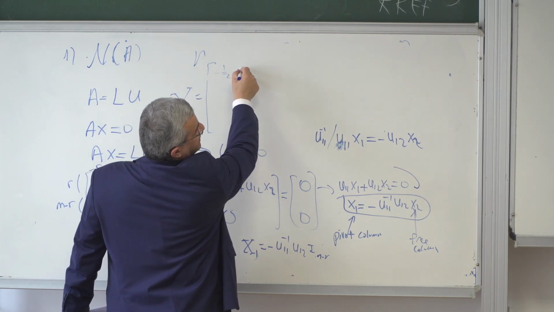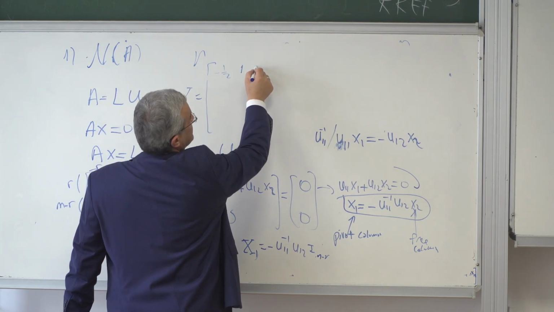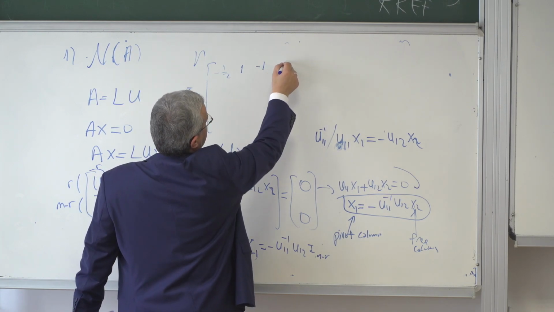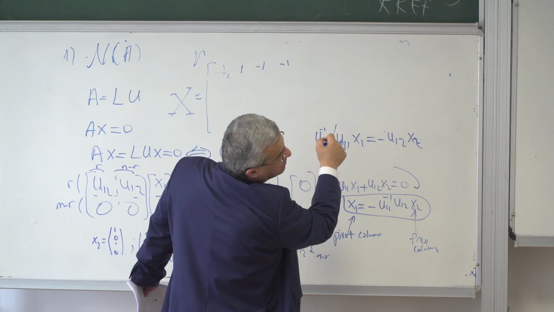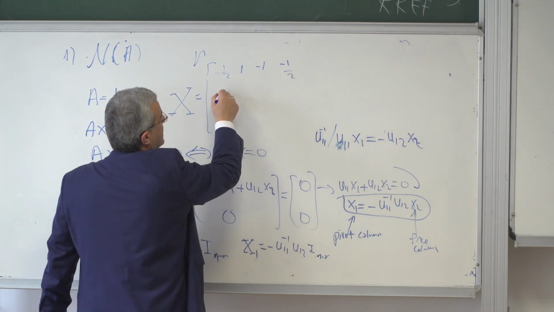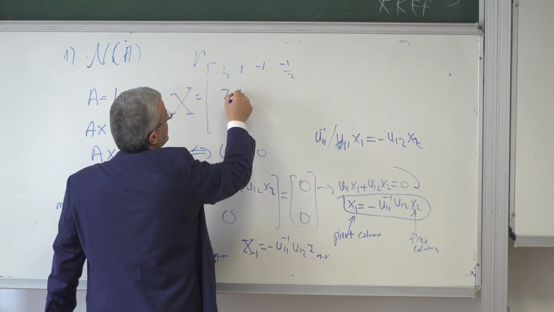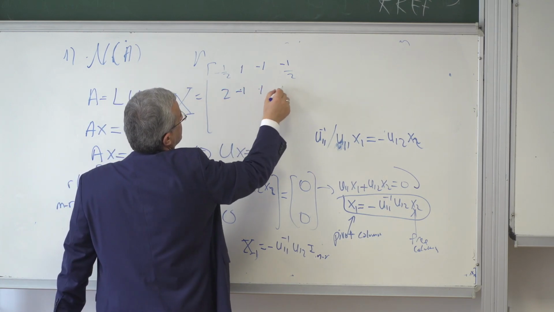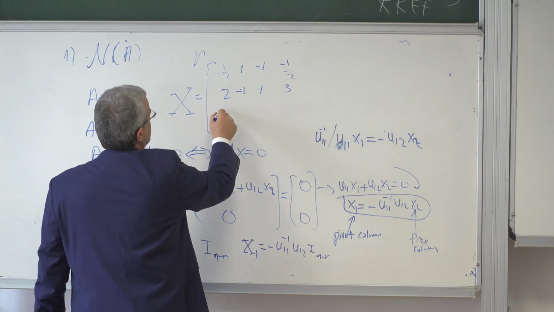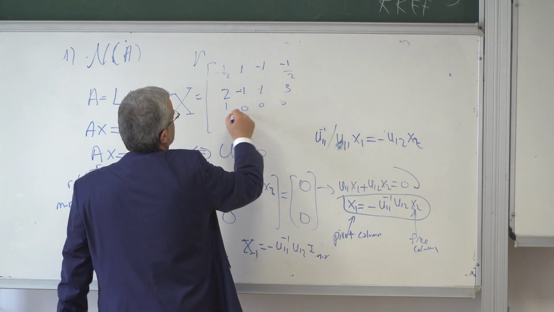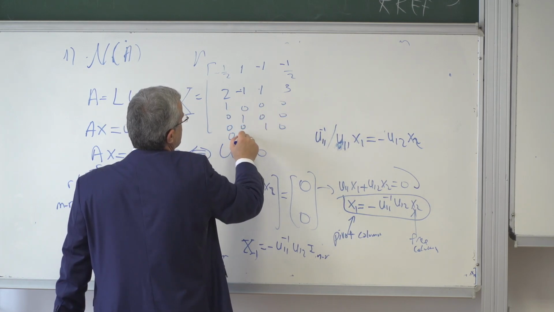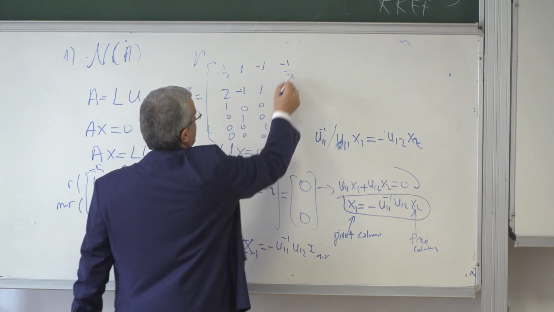Then this is 1. This is minus 1. This minus 1/2, right? Minus 1/2. And this 2, this minus 1, 1, 3. Okay? And this is the identity: 1, 0, 0, 0, 0, 1, 0, 0, 0, 0, 1, 0, 0, 0, 0, 1. Okay?